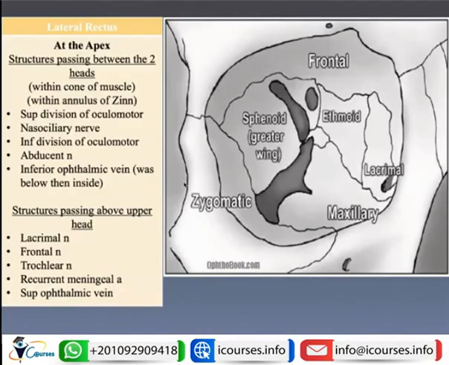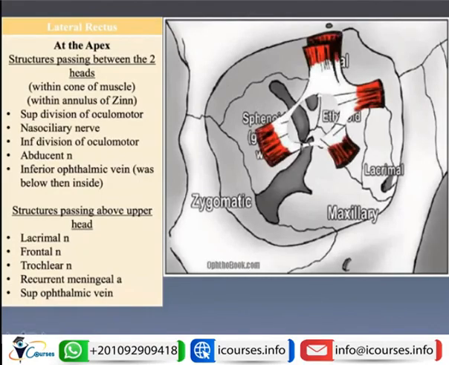Then the lateral rectus. So the lateral rectus, we will not mention anything new. The lateral rectus relations is at the apex, as we said. The lateral rectus originates by two heads, and these two heads enclose the annulus of Zinn. So the structures passing between the two heads of lateral rectus are the same structures that pass within the annulus of Zinn, and there are structures above the lateral rectus and structures below lateral rectus.